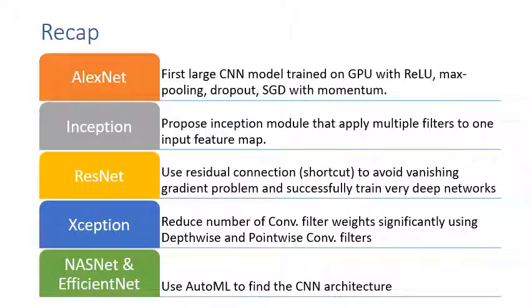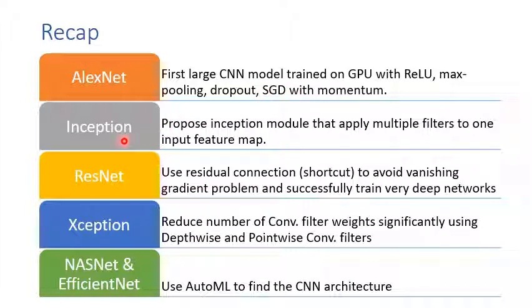Let's review the important convolutional neural network architectures that we have learned so far. The first is AlexNet. It's the first large CNN model. It's trained using NVIDIA GPU and includes modern CNN techniques such as the ReLU activation function, max pooling, dropout to prevent overfitting, and the optimization algorithm SGD with momentum.